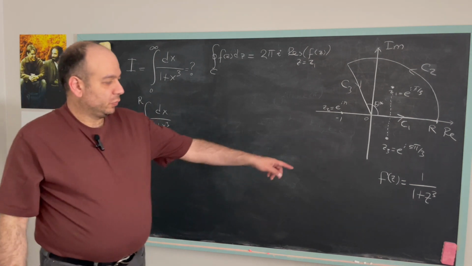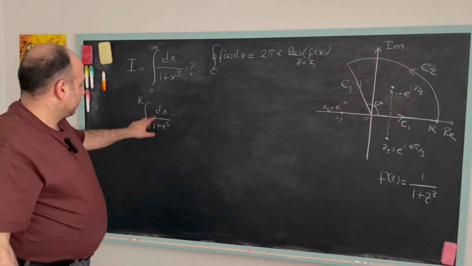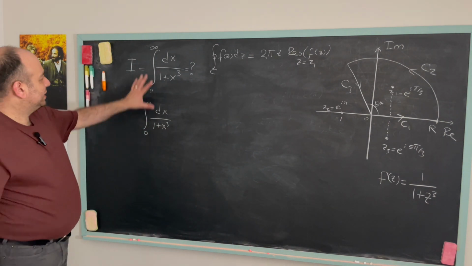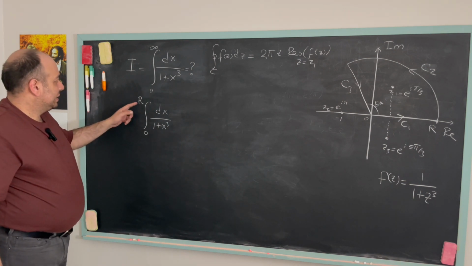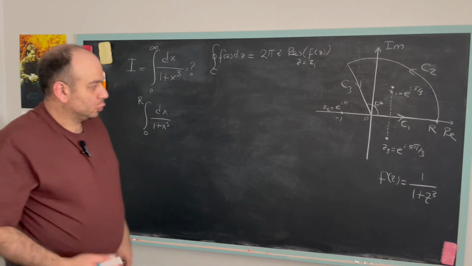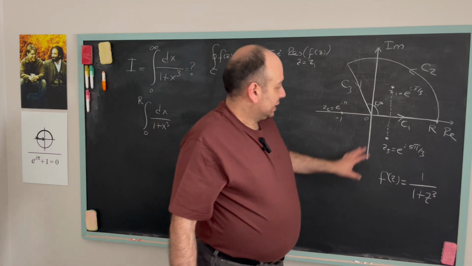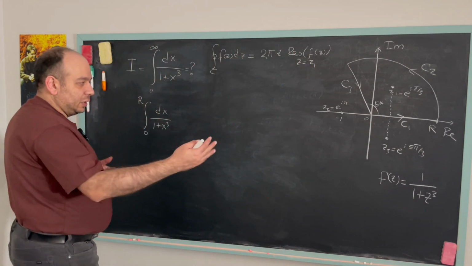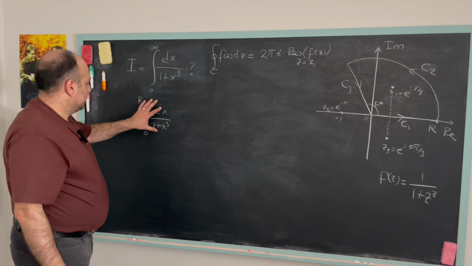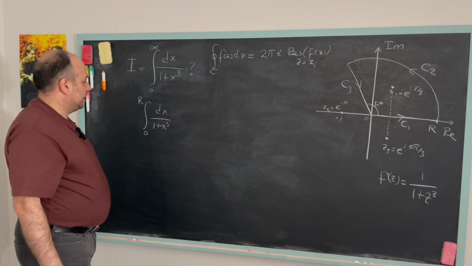So 1 over 1 plus z cubed becomes 1 over 1 plus x cubed. This actually looks like my goal integral, right? As long as I take this R to infinity, at some point, this is going to be exactly the same as this integral.